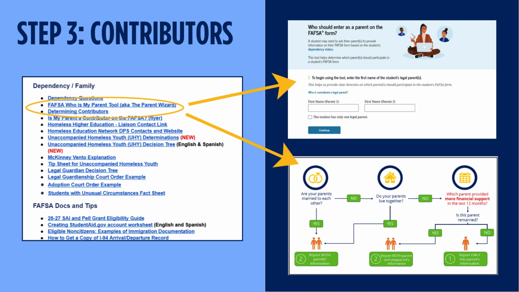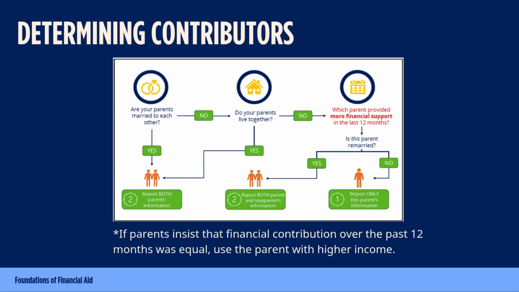We have two job aids that can help students to figure out who will be the contributors on their application, and we're going to talk about each of them in a little bit more detail. The first one is this flow chart that can help you walk through the conversation of deciding who the contributors will be. The first question is, are your parents married to each other? From there, you will ask, do your parents live together? Because if parents are unmarried but living together in the same household, both parents will be included on the FAFSA.